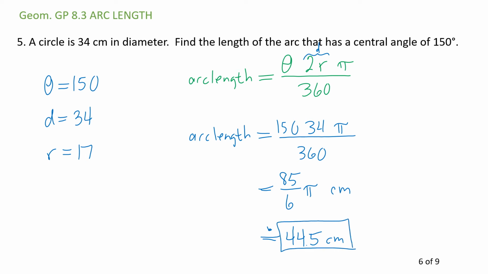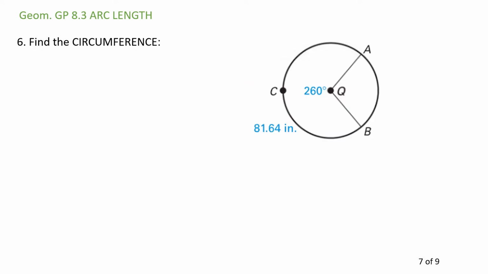You can sketch a picture to get the idea. I have a circle with a central angle that's 150 degrees, and the diameter is 34 inches, making this 17. So I guess that seems reasonable.